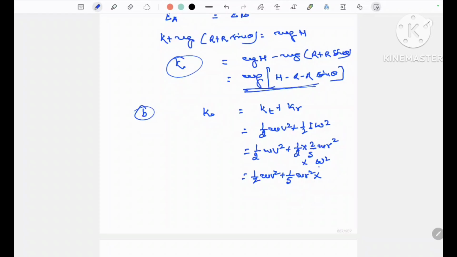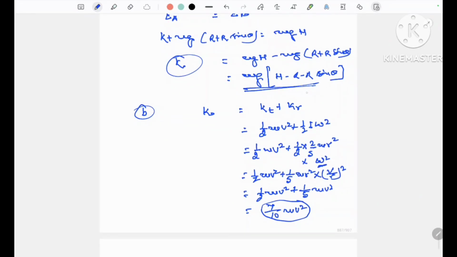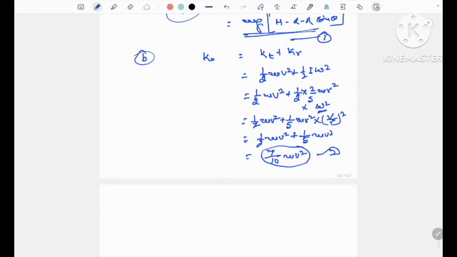For non-slipping condition, omega will be v by r. इसका square, 1/2 mv square plus 1/5 mv square is equal to 7/10 mv square. Suppose this is equation number 1, this is equation number 2.